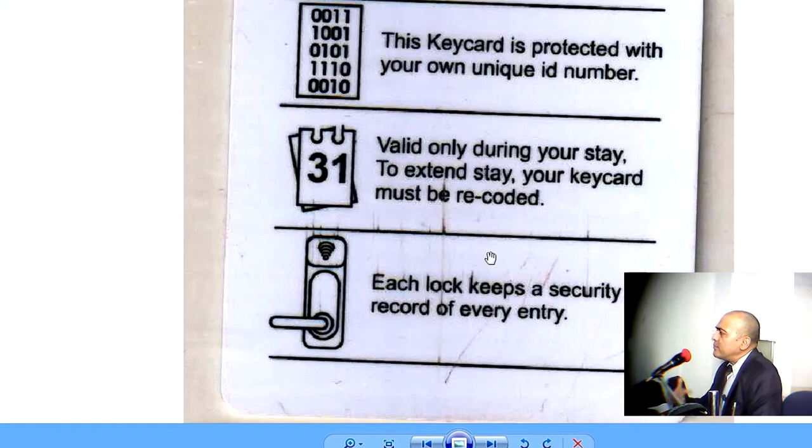And since every entry into the room is recorded, guests cannot deny that, and they cannot just blame anyone and everyone, and that is how it protects even the hotel employees from false accusations. So I think these 3 points, I hope I was able to clarify to you. And these keys are very important for hotel safety and security.